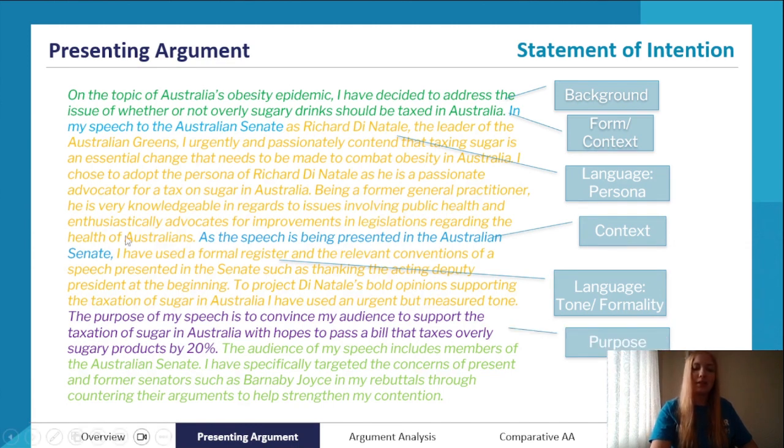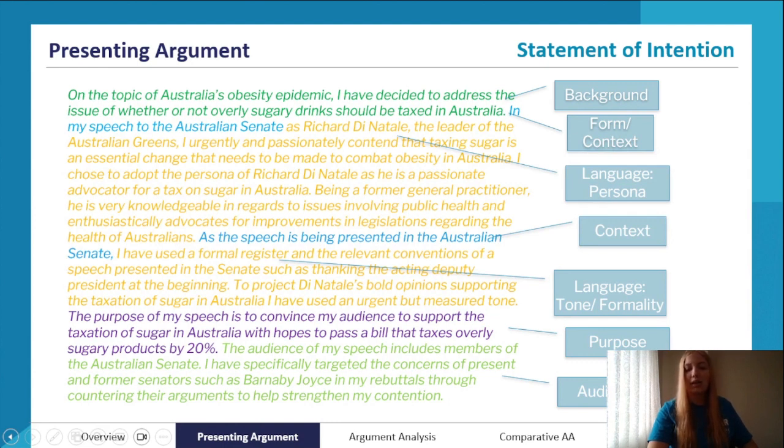Then we have the purpose, essentially, what do we want to be done about the issue? "The purpose of my speech is to convince my audience to support the taxation of sugar in Australia, with hopes to pass a bill that taxes overly sugary products by 20%. And the audience of my speech includes members of the Australian Senate." So there's some justification here for why that audience group was chosen also.